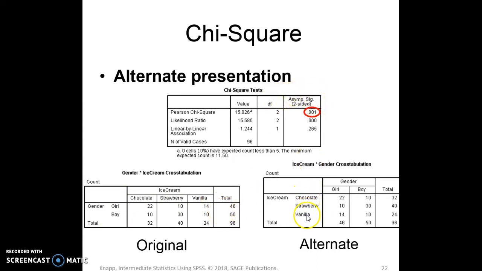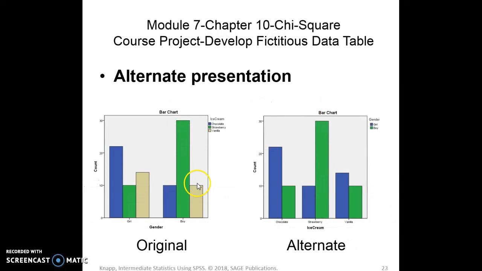If you move those over to the left and the girls and boys to the right, you still come up with the same values. The math's the same. I'll tell you what I like to do, and I'll show it to you in a minute, about where to put the variables. Here's a graph of that first table. It compares boys and girls. This table compares preference for chocolate, strawberry, and vanilla based on gender. So you can look at it that way.